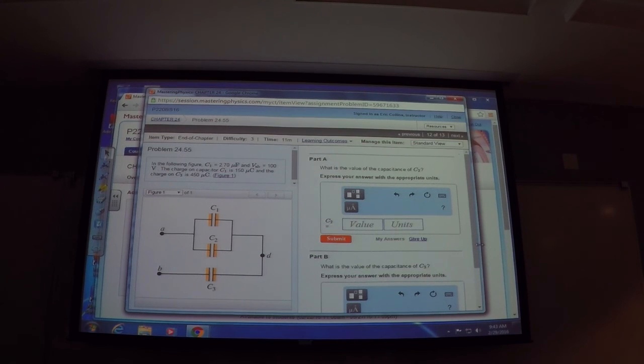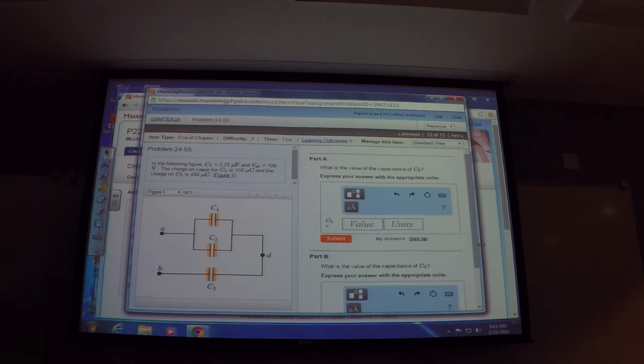Normally you would find the equivalent capacitance and then break it down, finding the charge on each part. In this case, it's a little reverse. They give you the charge on a couple of the capacitors and then ask for different information.